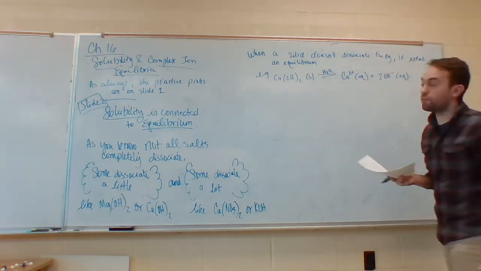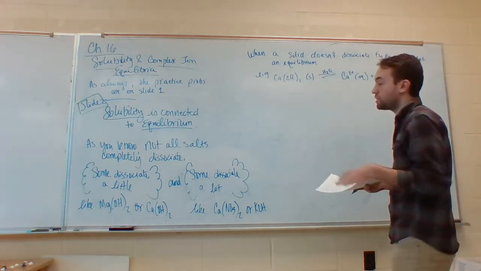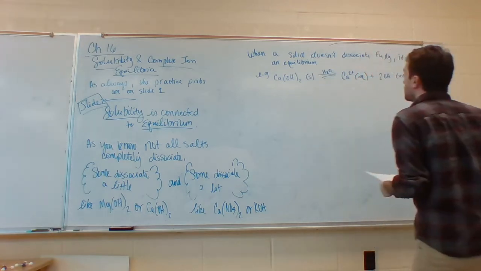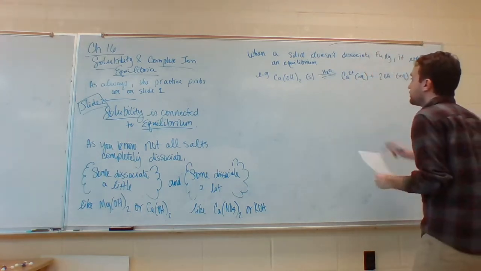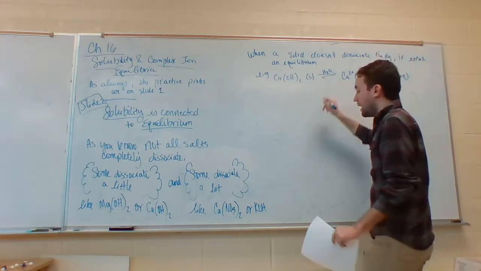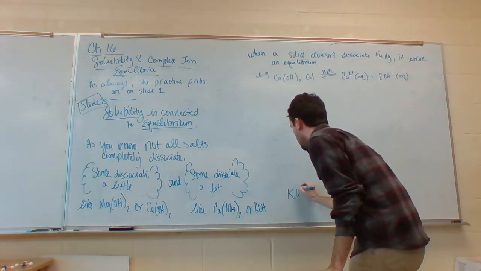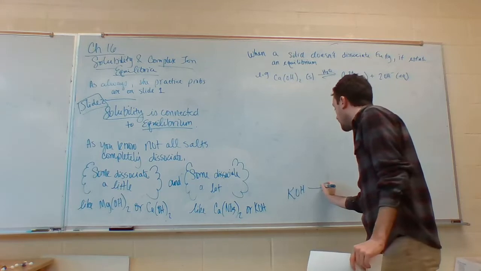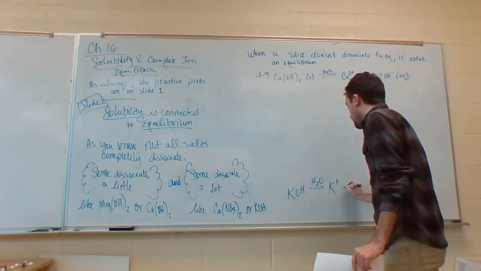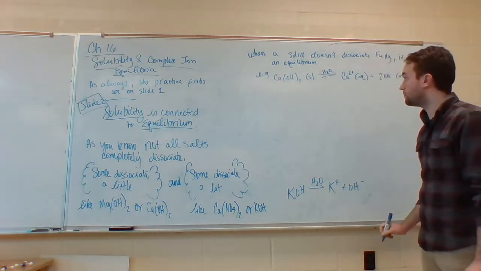Calcium hydroxide is one of our salts that is not very soluble. Remember, calcium is one of our exceptions, just like magnesium. Hydroxides are usually insoluble, but this is weakly soluble, so it's going to establish an equilibrium. If it were fully soluble, say we had potassium hydroxide, if I add that to water, it's only going to be a one-way arrow, which is to fully dissociate, because this is completely soluble.